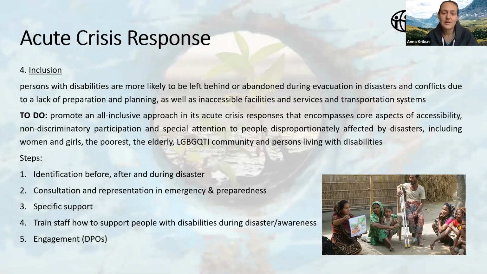Another step is the consultation, so basically an exchange on the needs of the people so that they are also involved in decision making. The third step is specific support, because in the example of disability, it is diverse and the needs are, of course, very diverse. So the support needs to be tailored to all the needs of the disabled people, and it is based on the step 2 consultation. Another part of it is to train our own people or other staff how to work with people with disabilities.